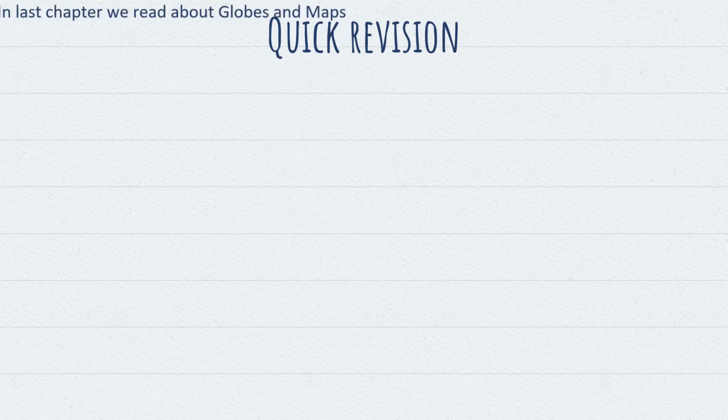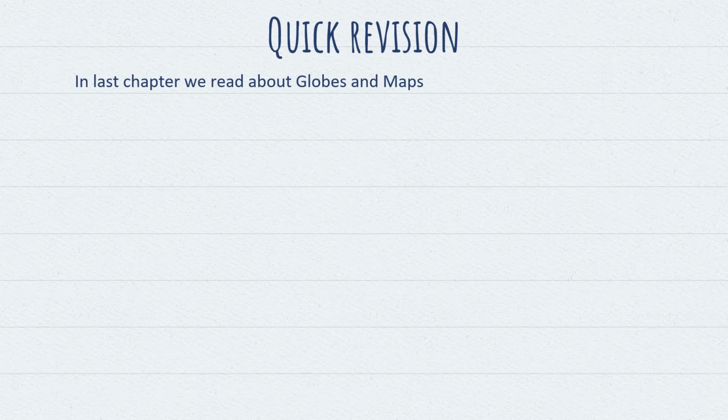So the first point we studied in this chapter is about globes and maps. A globe is a round figure that shows us our world. It is a round three-dimensional model of the Earth.